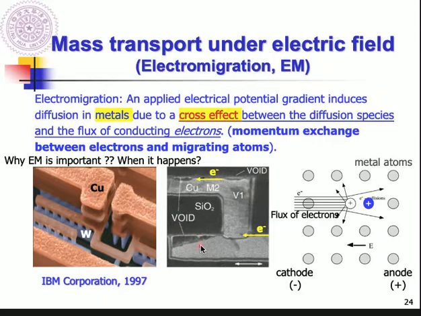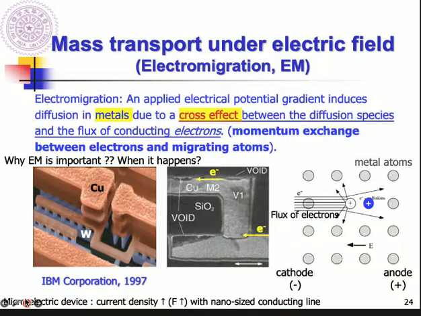As long as this void gets larger and larger to cover this whole conducting line, then that will result in the open or the failure of this IC chip. So this effect, electromigration, is related to the reliability of the IC chip.